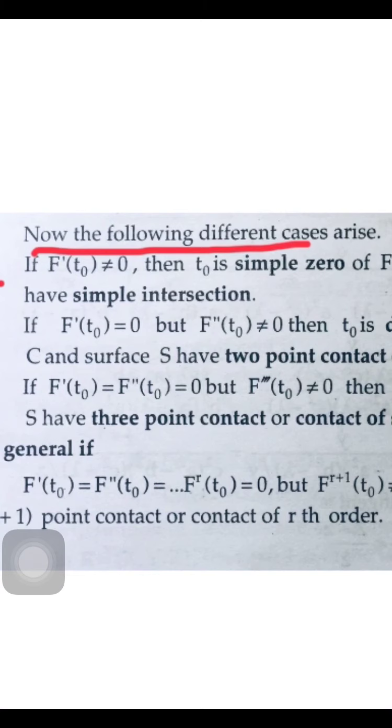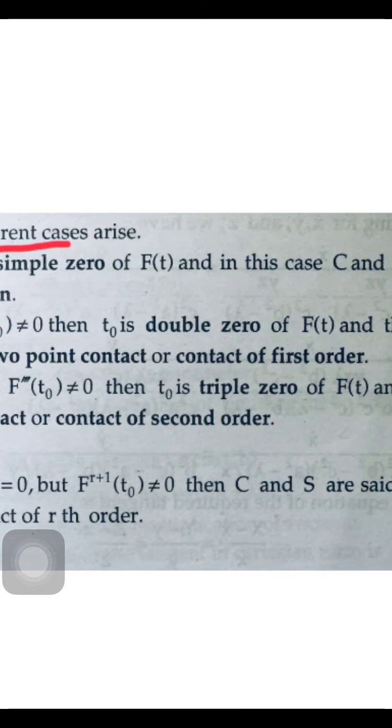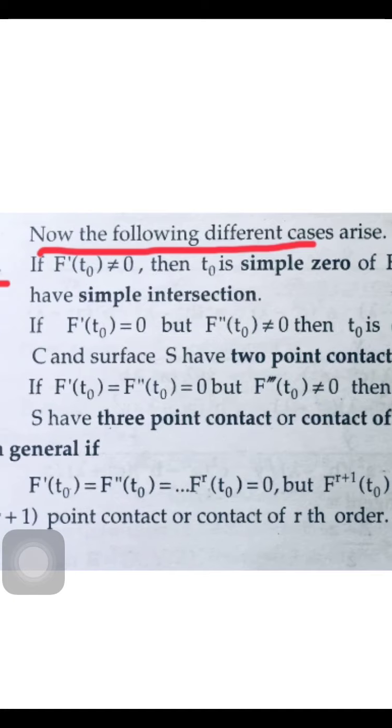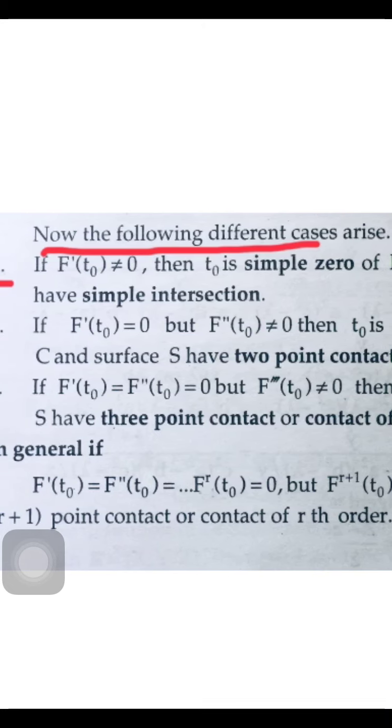First, if F'(t0) is not equal to 0, meaning the first term can't become 0, then t0 is a simple zero of F(t), and in this case C and S are said to have simple intersection. Because F'(t0) is not equal to 0, the first term can't become 0, it is a simple zero, and simple intersection means it is touching simply.